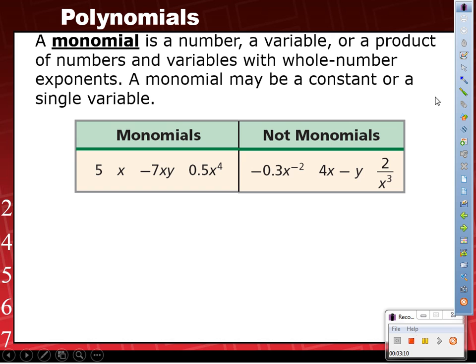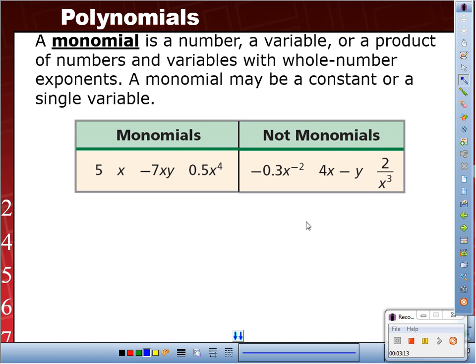Okay, so now let me show you what is not a monomial. Look at these. So, think about it. Why is this one not a monomial? Tell your neighbor, please. So I heard it has a negative exponent. Is that correct? Yes. So we cannot have negative exponents.